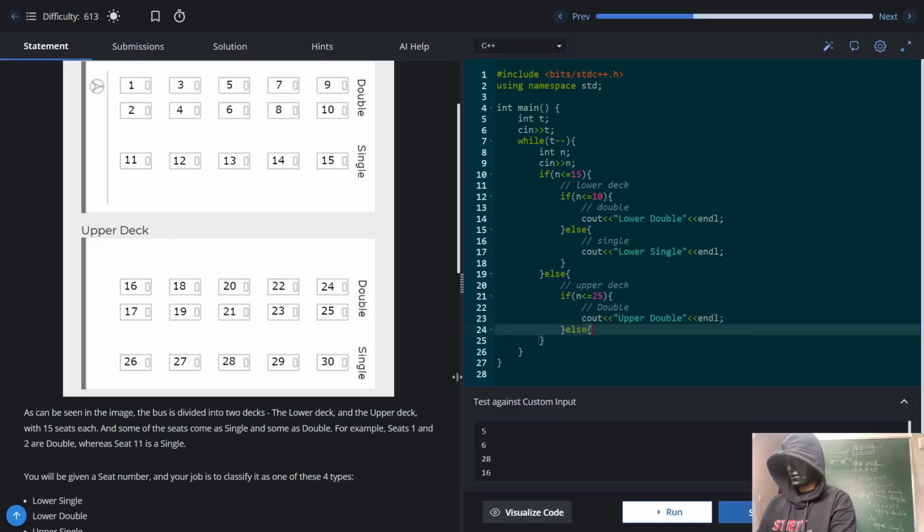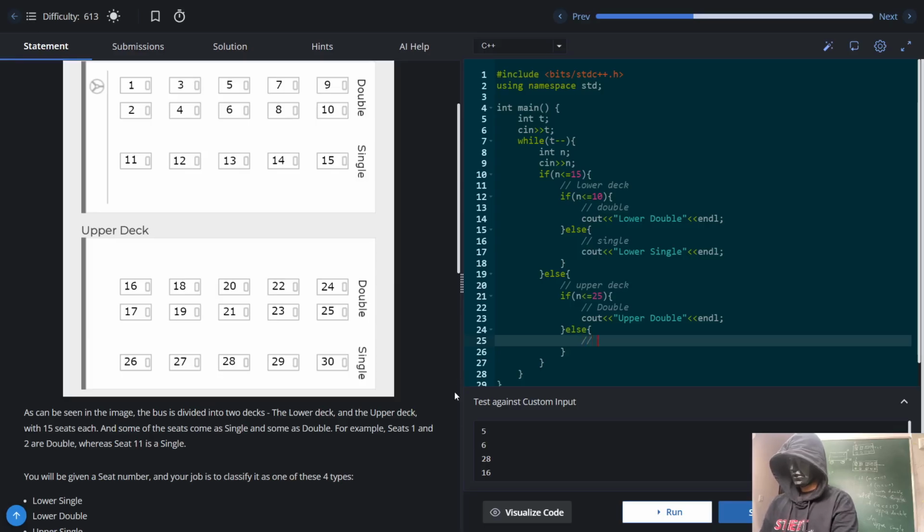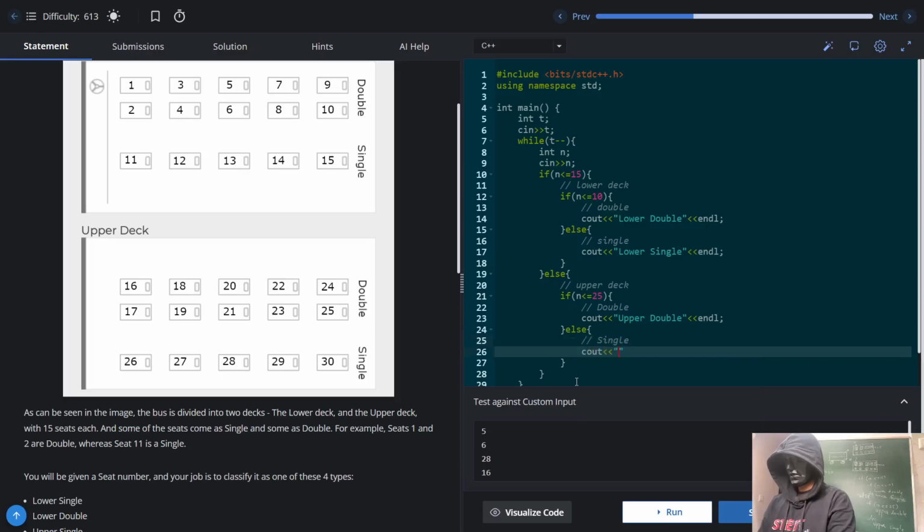Else, it does not lie in this range 16 to 25, which means it lies in the single range, so you'll have to print upper single.